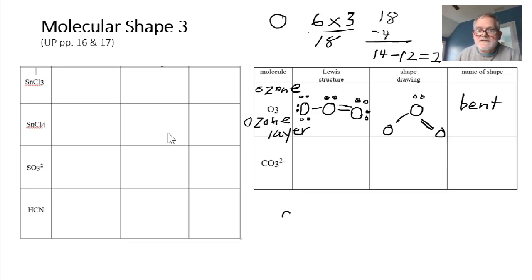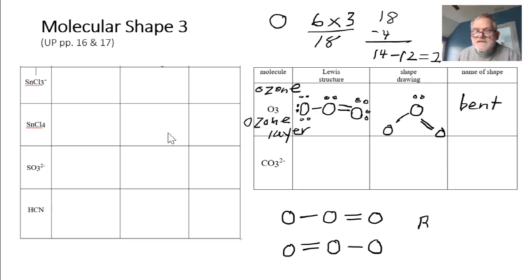Notice that the ozone, you can draw it 2 ways. You can draw it with a double bond on the right, or you can draw it with the double bond on the left. So you have 2 choices. These are different oxygens on the outside. There are 2 different oxygens. We have a right oxygen and a left oxygen. So when there is more than 1 choice, we call this situation resonance.